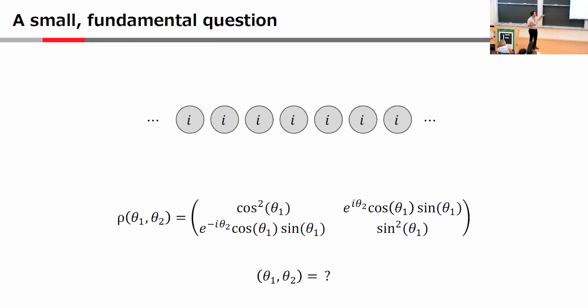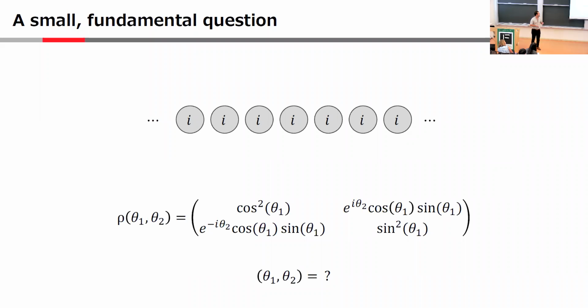Say that each of these circles is the state rho here, which is parameterized by two parameters, theta 1 and theta 2. And if we don't know these parameters, we might wish to learn them. So we want to do quantum learning. And then you take a bunch of these states and you measure them, and you do some clever Bayesian inference or maximum likelihood estimation. And then you can find out what these unknown parameters are.